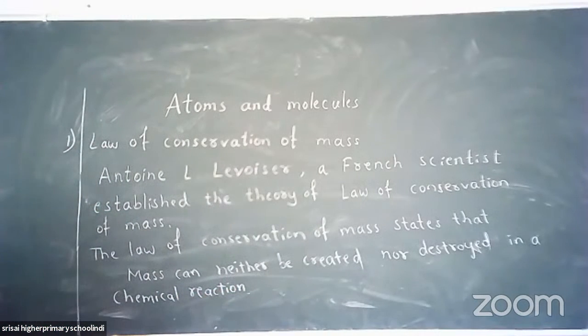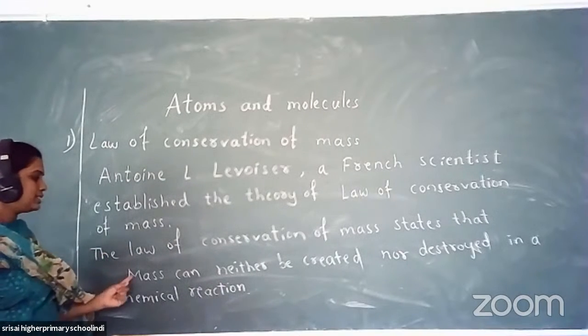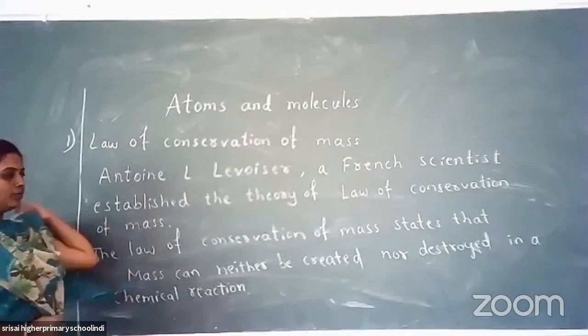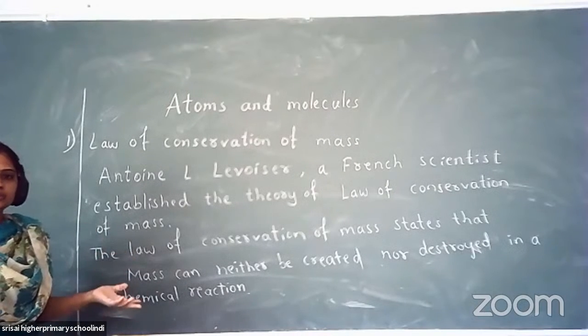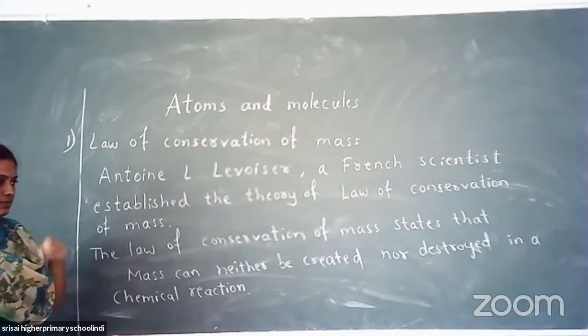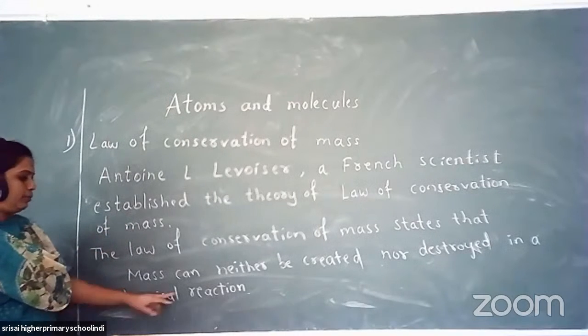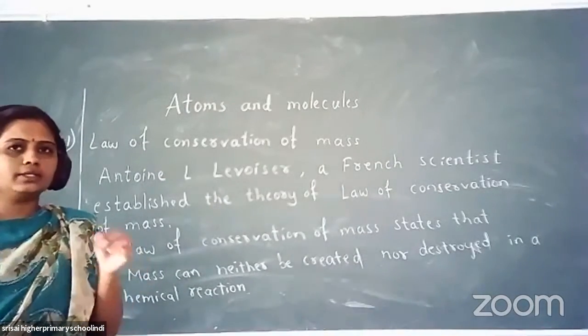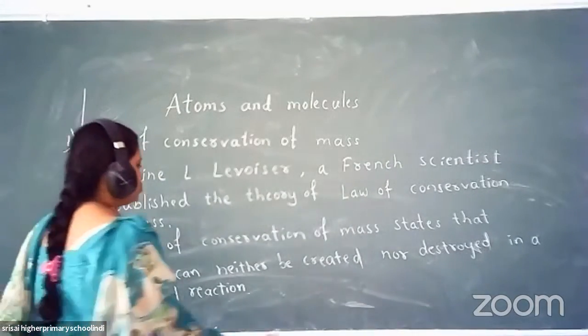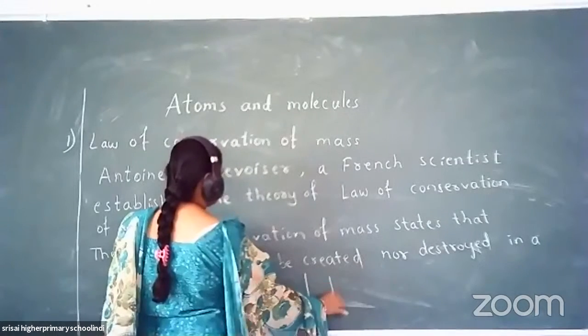So here we can take an example of this, students. The law of conservation of mass says that mass can neither be created nor destroyed. But suppose we could create or destroy it in a chemical reaction. When we make tea, students, what things do we use?